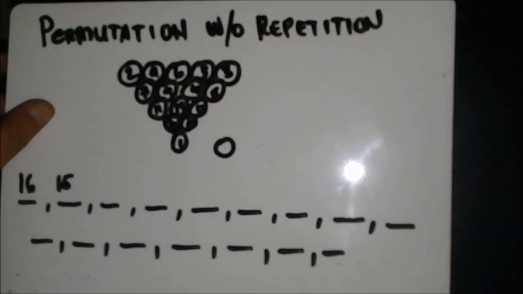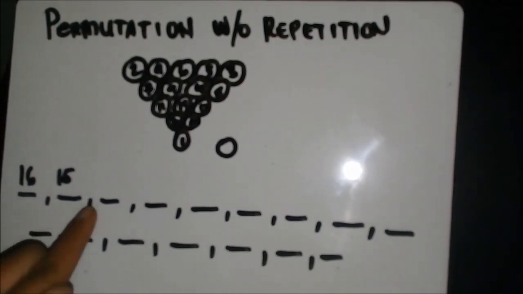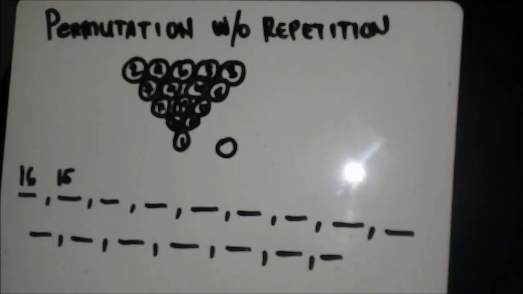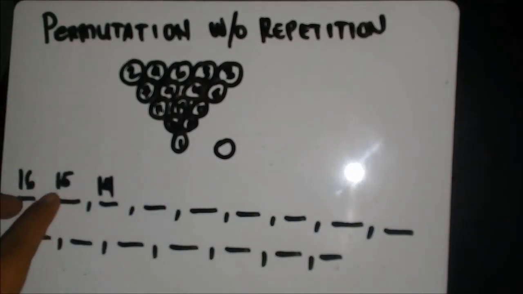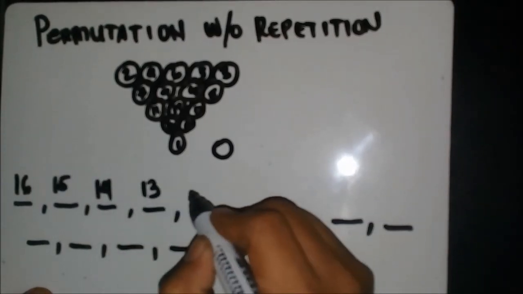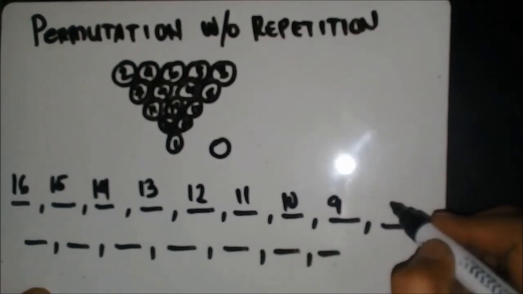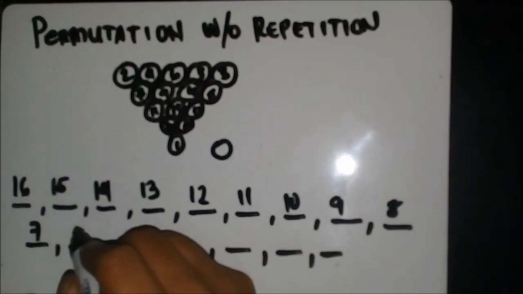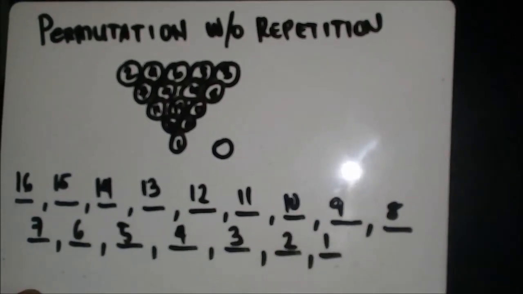because one ball has already taken the place of the first slot. And on our third slot, we will have 14 possibilities because 2 balls have already taken the first 2 slots, and so forth and so on. On the fourth slot, we have 13, 12, 11, 10, 9, 8, 7, 6, 5, 4, 3, 2, 1.